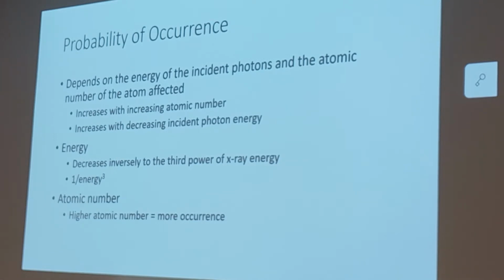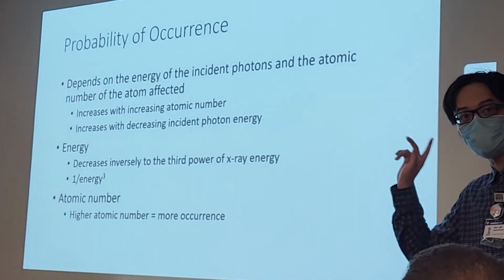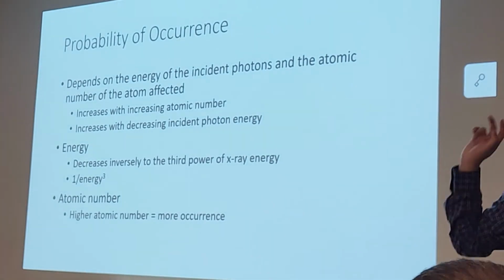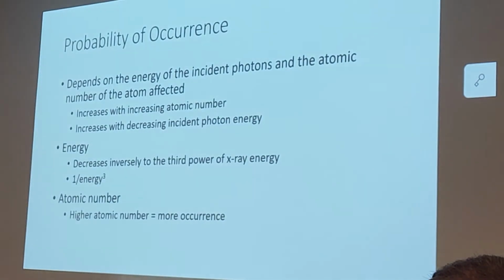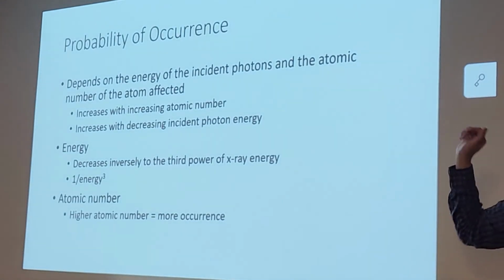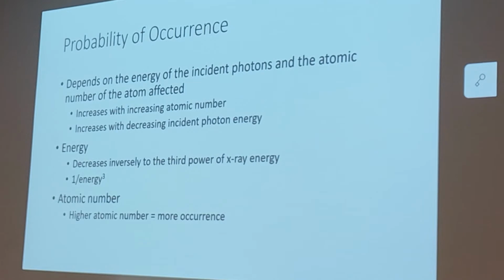All right, this part is very important. I need you to pay attention to the two factors that affect photoelectric absorption, and I need you to be able to contrast them with Compton interactions. We talked about this last week because they are very different. What two factors do you see here affecting photoelectric absorption?